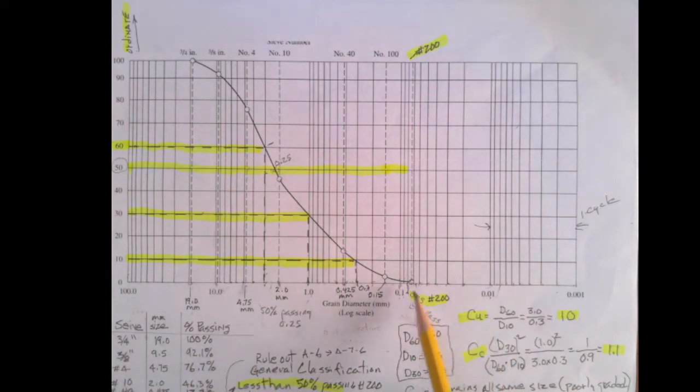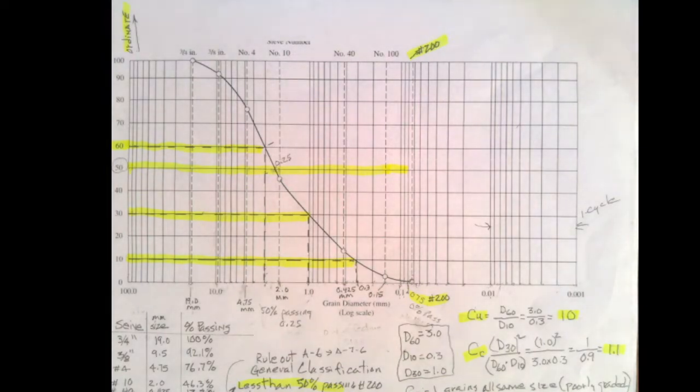Matter of fact, we can do it, we'll just go back and forth right now and see this 4% passing. There's a trigger right there. In the Unified Soil Classification and AASHTO, anything smaller than 35% passing the number 200 sieve is a coarse grain.